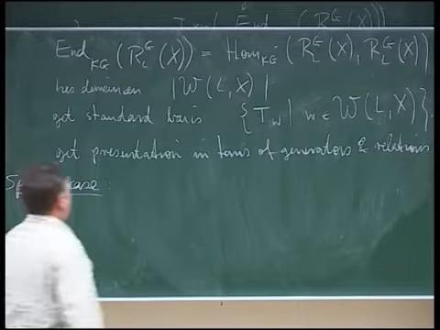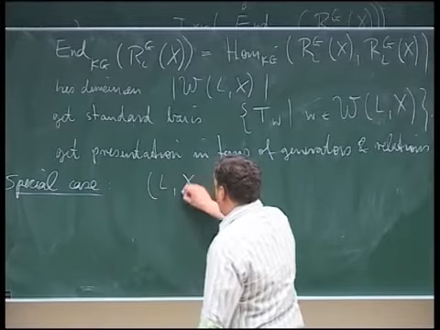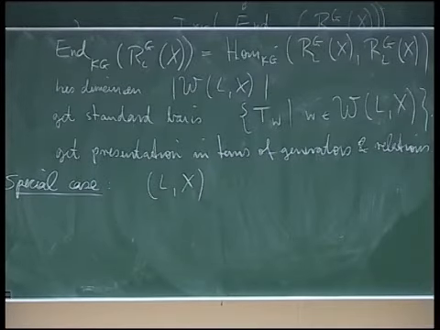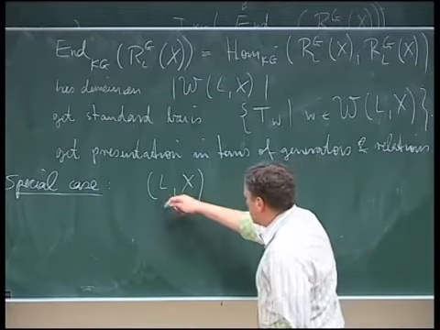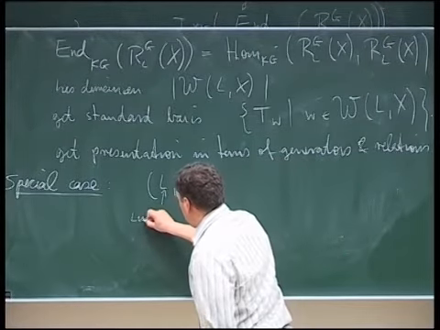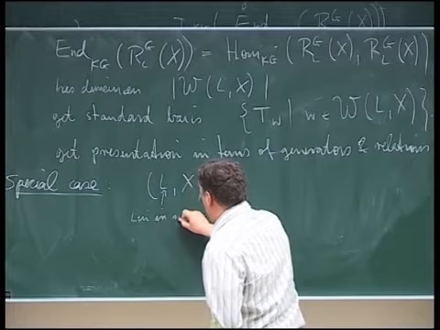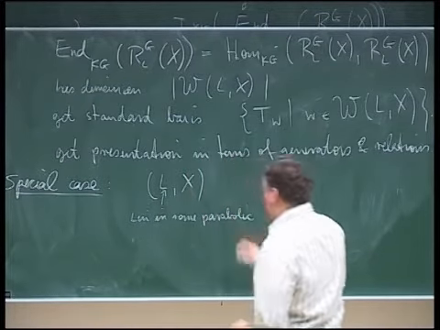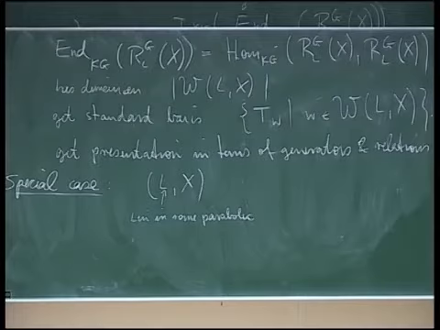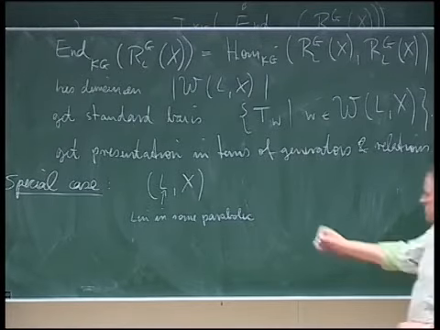Namely, when this pair here, L, X, is the simplest possible pair that you can think of. Namely, remember L was a Levi in some parabolic. So if you choose as parabolic simply the Borel subgroup, and as the Levi its maximal torus.